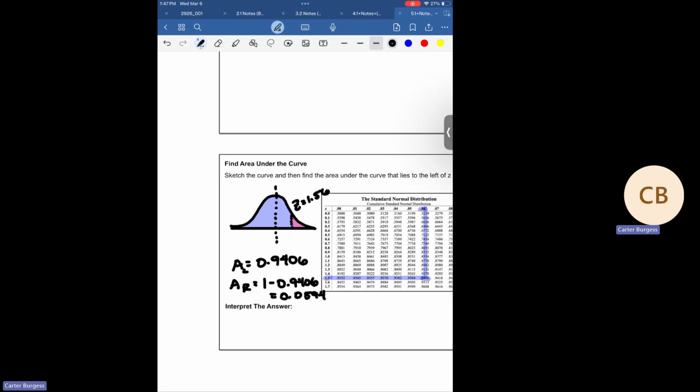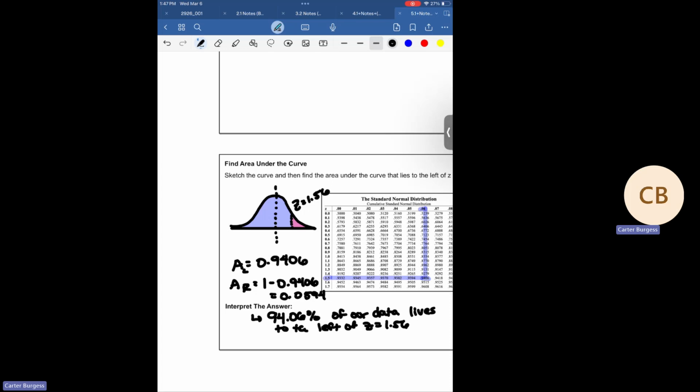Okay, so what does it mean that our area is equal to this? Well, there are a couple of ways that we can think about it. First and foremost, this tells us that 94.06% of our data lives to the left of z equal to 1.56.